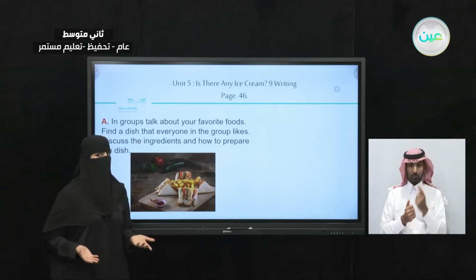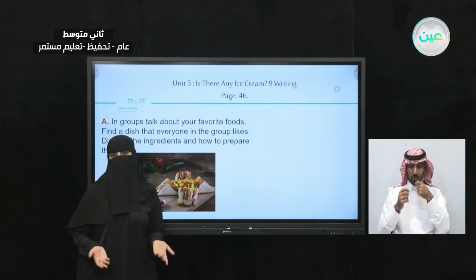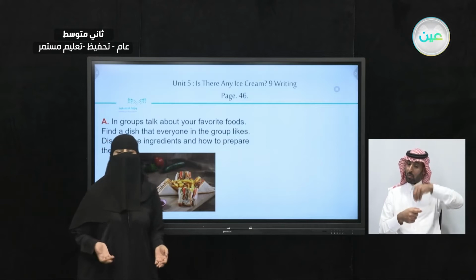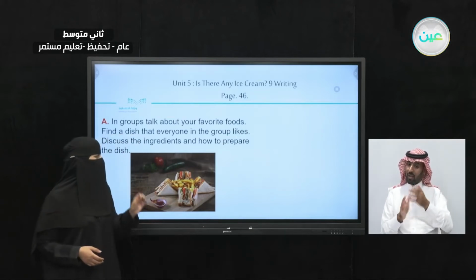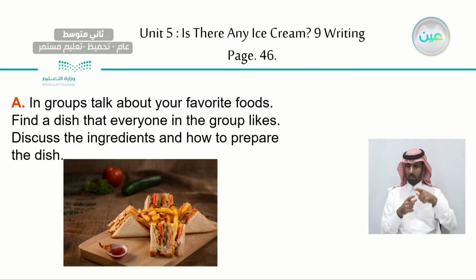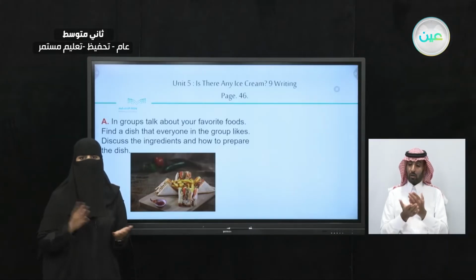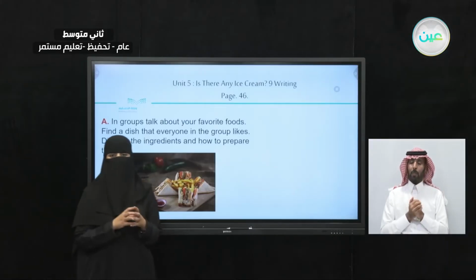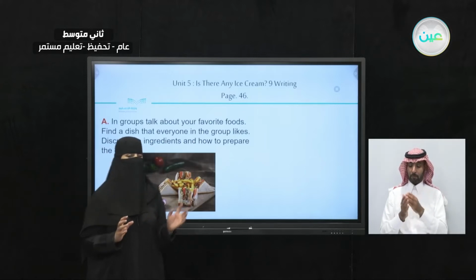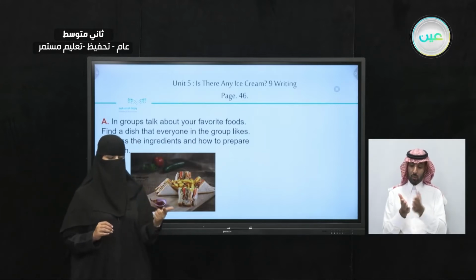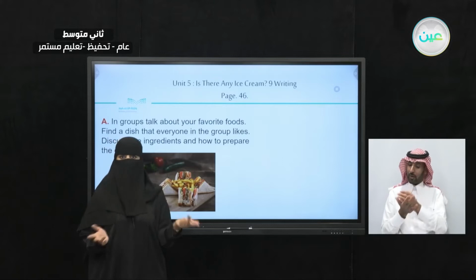Now, if you're in a restaurant, are you going to order something with ketchup or without ketchup? So here, what do you need to make this sandwich? That means the ingredients that you need to have in order to assemble it together and make this dish. So we need bread, chicken, vegetables, but not all kinds of vegetables.